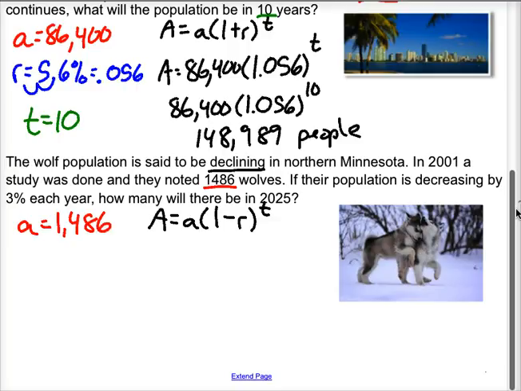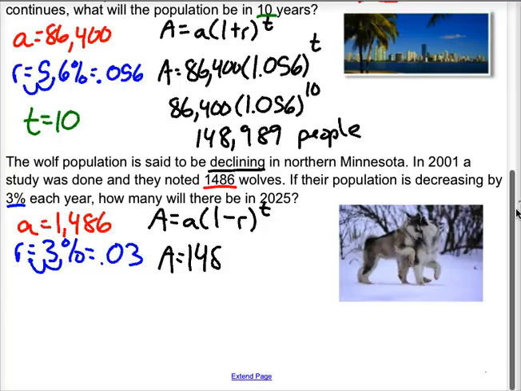The rate is going to be 3%. If you move that decimal twice to turn it into a decimal, that's going to be 0.03. So A is 1,486 times 1 minus r. So 1 minus 0.03 is 0.97 to the t.